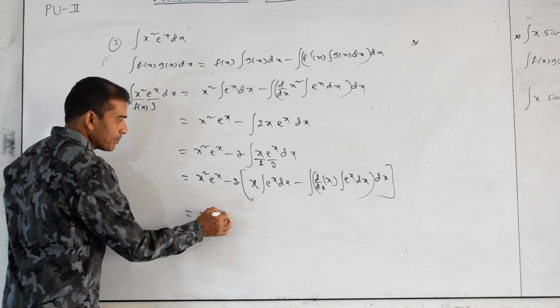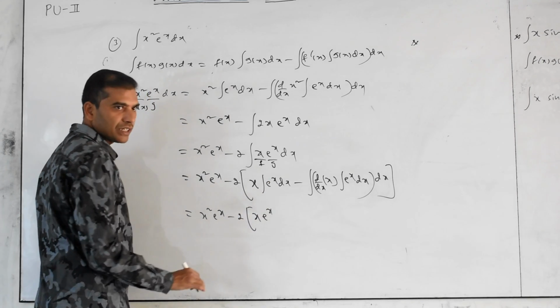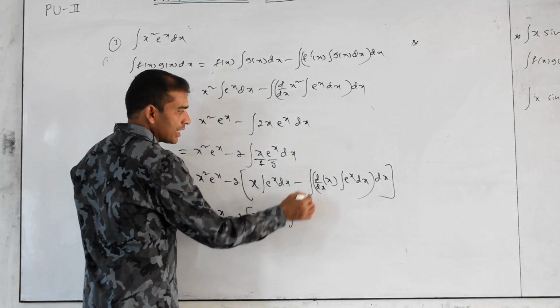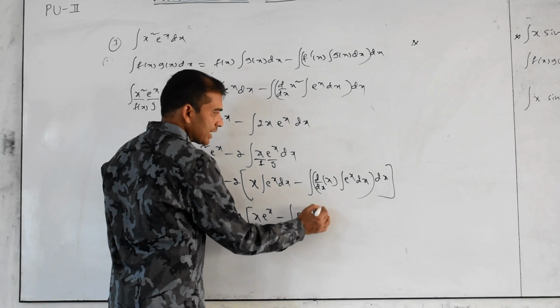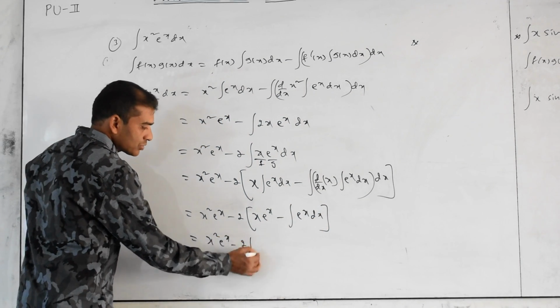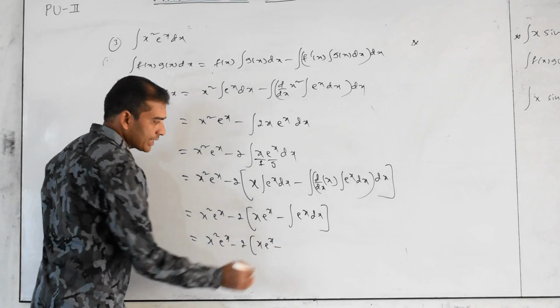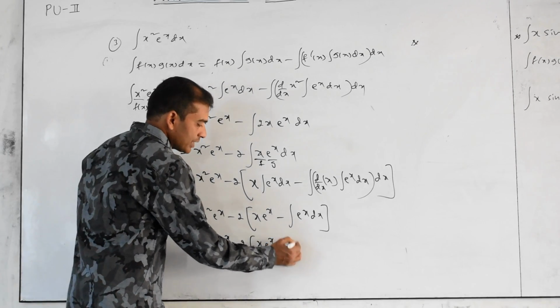X square e power x minus 2 times x into e power x, minus derivative of x is 1, e power x integration e power x dx. So x square e power x minus 2 into x e power x minus e power x. Integration finished.